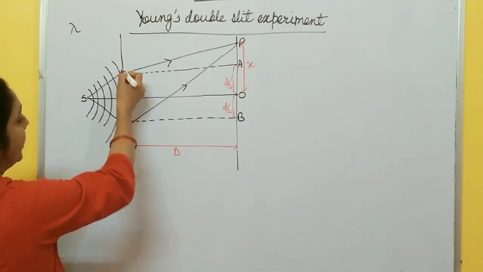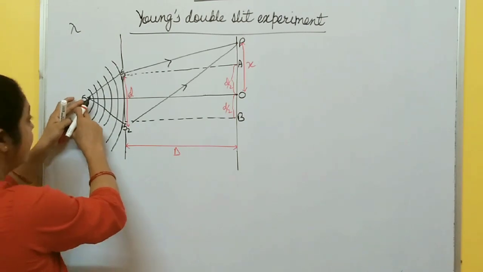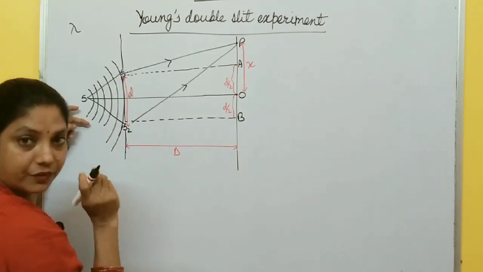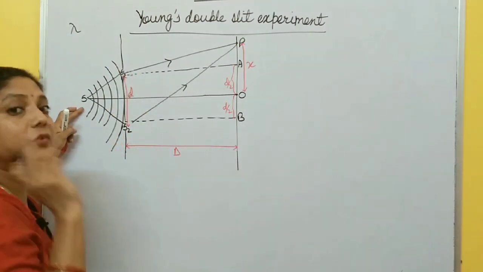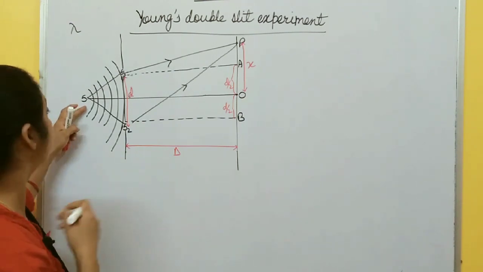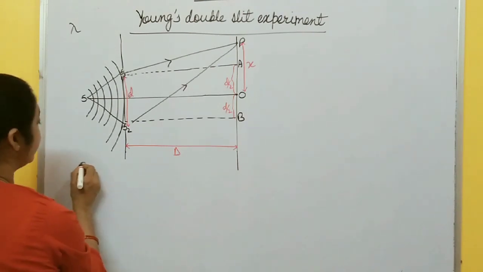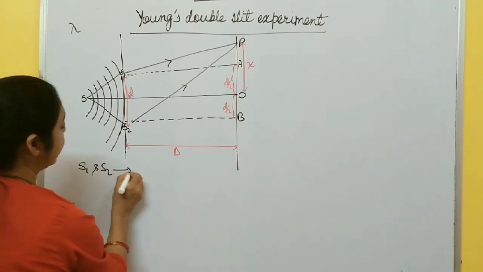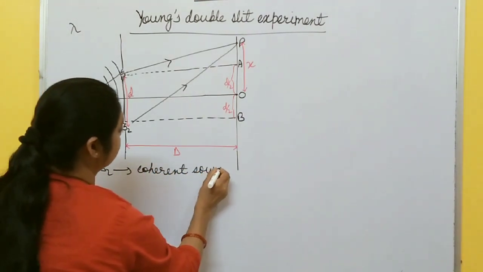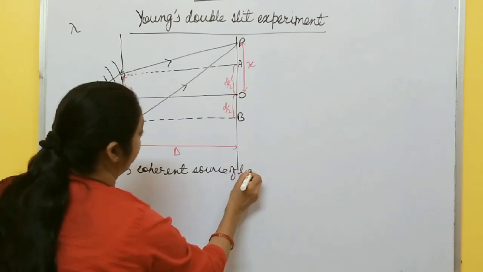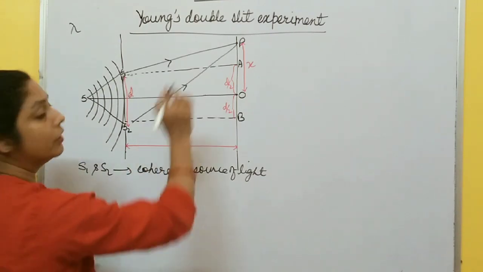So these two points S1 and S2 are at the same distance from S, and they are vibrating in the same phase. So these two sources S1 and S2 must have a constant phase difference between them because they are obtained from the same source S. So S1 and S2 act as coherent sources of light, and these two sources are in a position to produce an interference pattern on the screen.